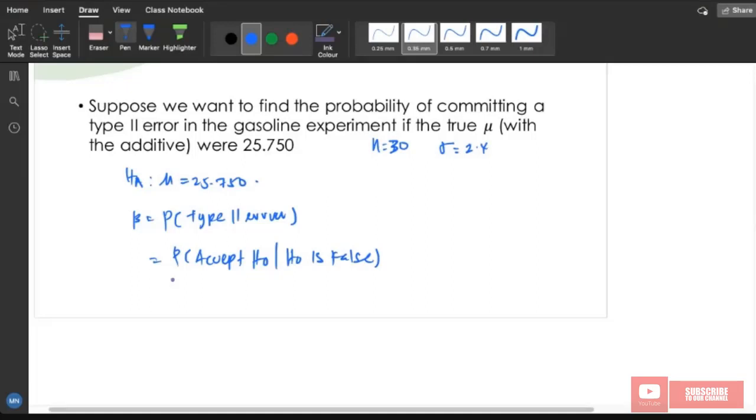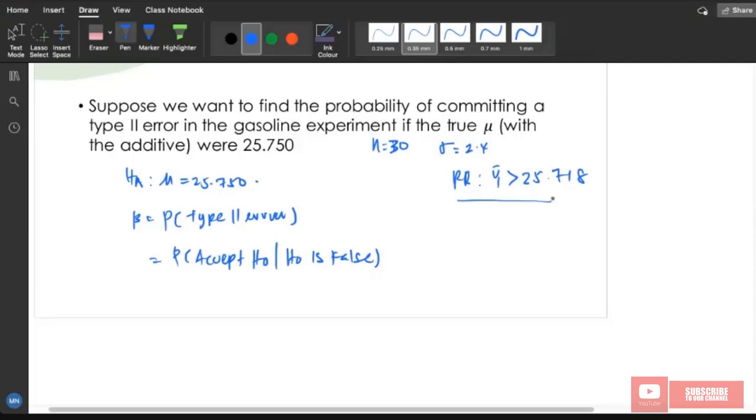Okay, so now the true mean, this is actually y bar. I think this question is not complete, right? It doesn't give us the rejection region. So I give you the rejection region. Rejection region: y bar is more than 25.718.